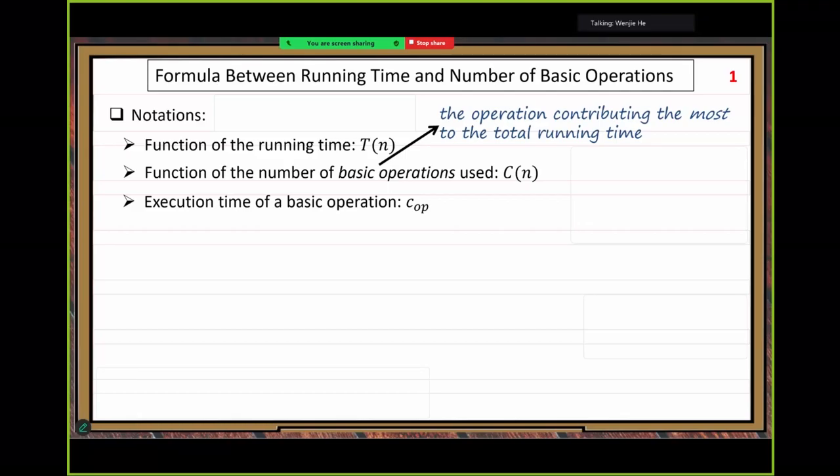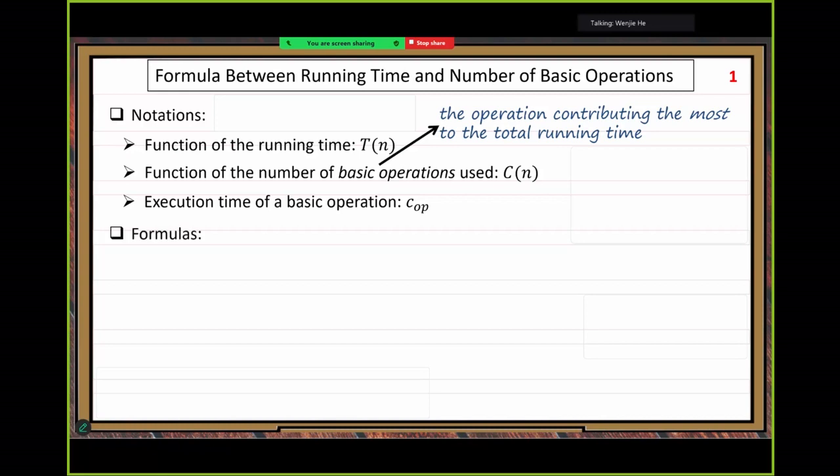On your machine, when you run each basic operation, what is the execution time? So you have a constant term. All right. So then now you can connect these two functions through this little constant.